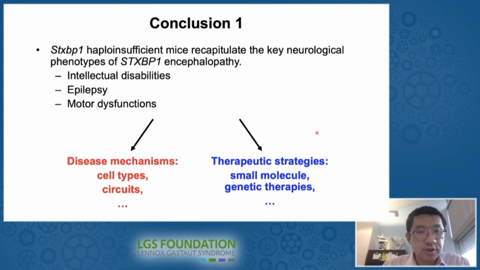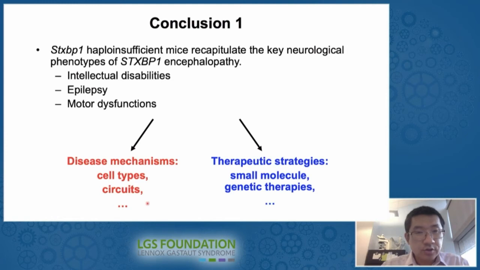One is to study the disease mechanism, like what cell type or what circuitry are critical. Another direction is to use this animal model to develop therapeutic strategies, like small molecule or genetic therapy and so on. So for the rest of my talk, I will continue showing you some of the recent data on the mechanism of this disease.